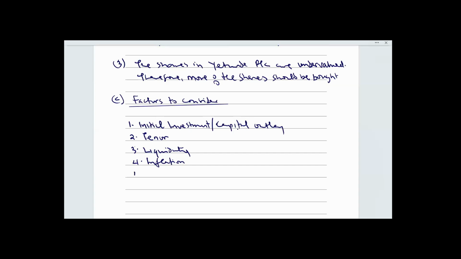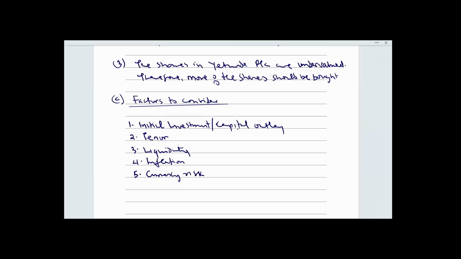Then number 5, you also need to consider currency risk, particularly if your investment is denominated in a foreign currency.